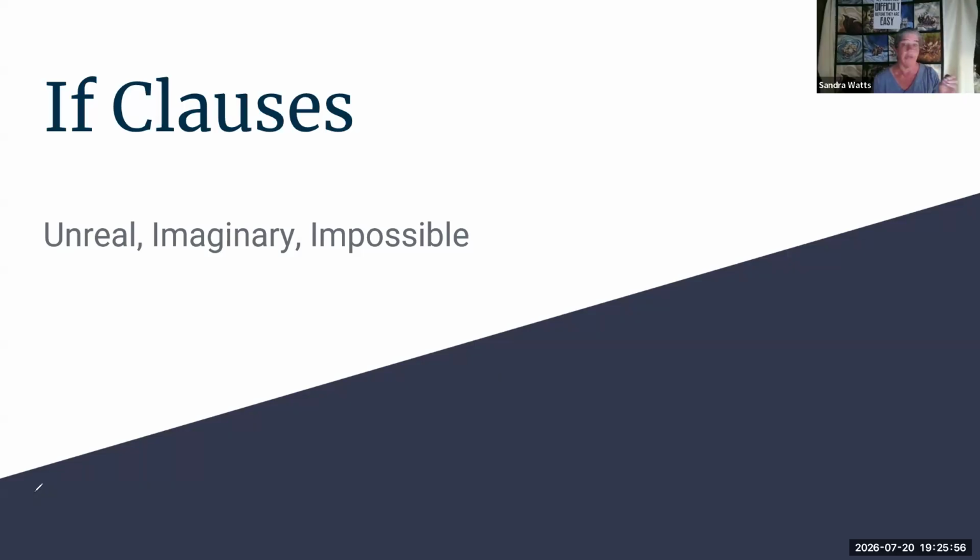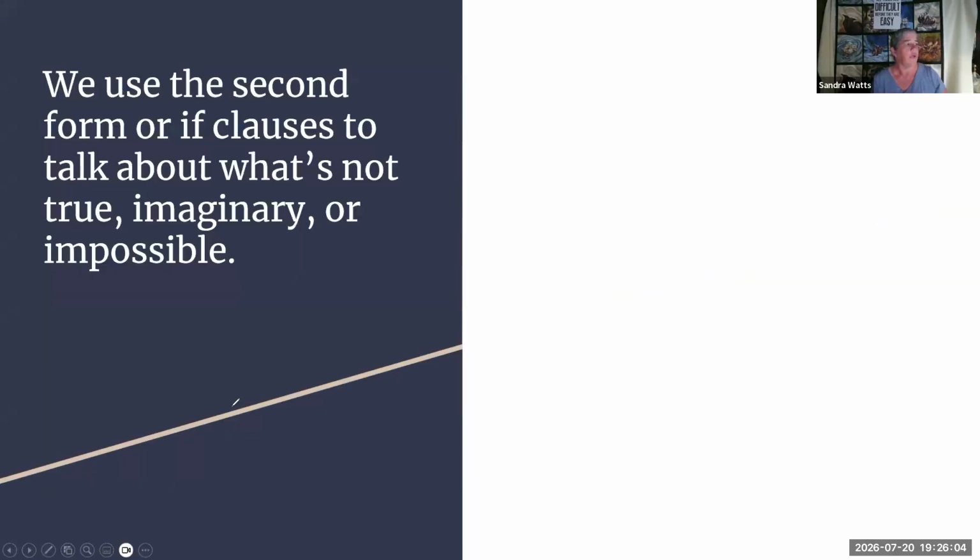We're doing the not possible and not true ones today. Okay, so we use the second form of if clauses. Oh my goodness, I have a typo. That should be of. If clauses to talk about what's not true, imaginary or impossible.